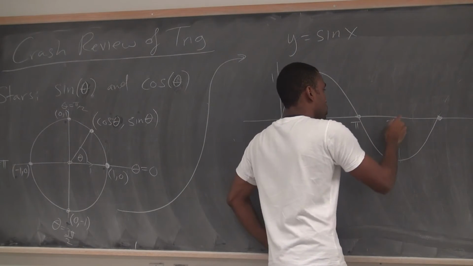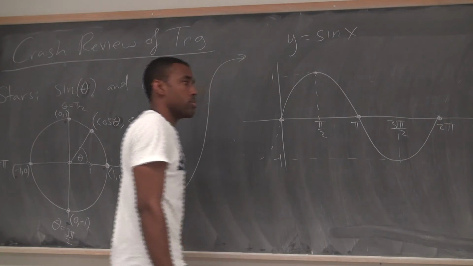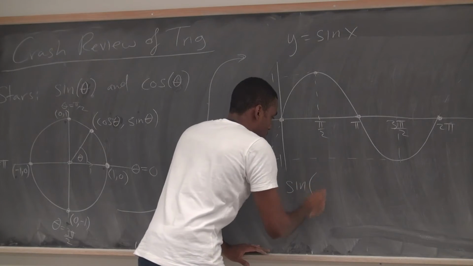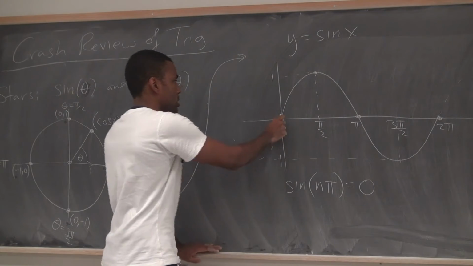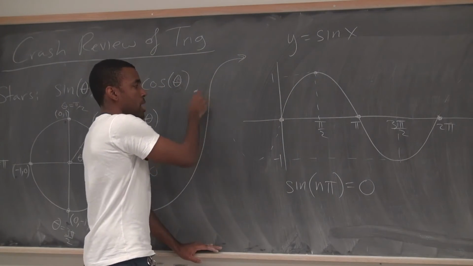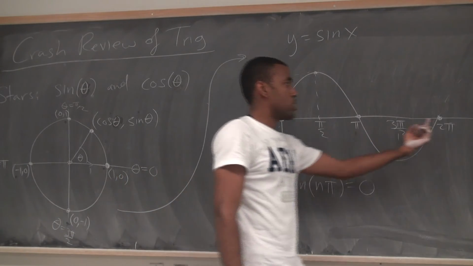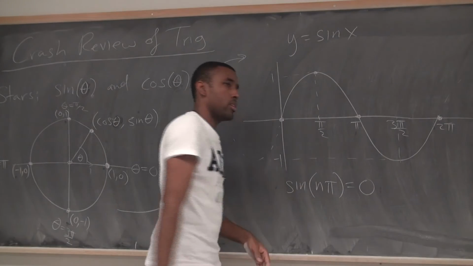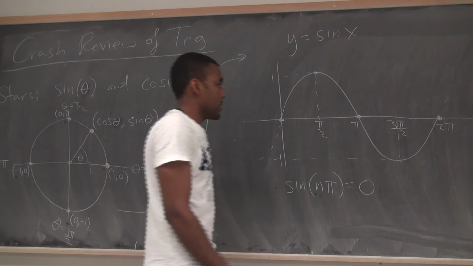It's -1 at 3 pi over 2. It's 0 again at 2 pi. This is called the sine function. It repeats. Notice that sine of n pi gives us 0, right? So if you continue this pattern, minus pi, -2 pi, -3 pi, it's all going to be 0. 0, pi, 2 pi, 3 pi, 4 pi, and so on, all going to be 0. Sine is 0 at these values, right? So if you ever want to know when sine is 0, it will always be 0 there.